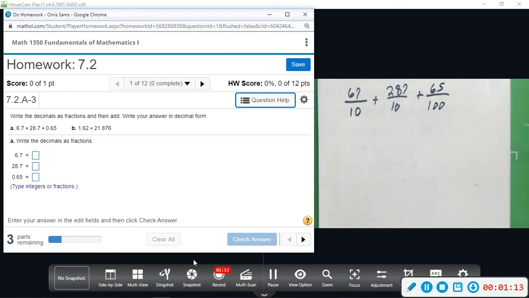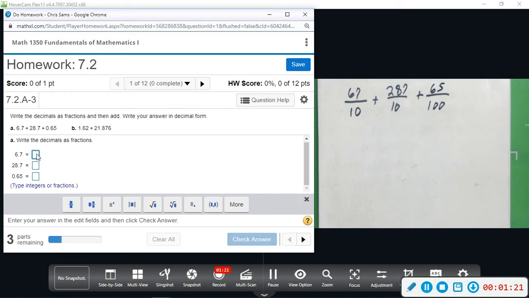I don't know that they want us to reduce to lowest terms. So let's just try it out as 67 over 10, and then 287 over 10, which I don't think will reduce.